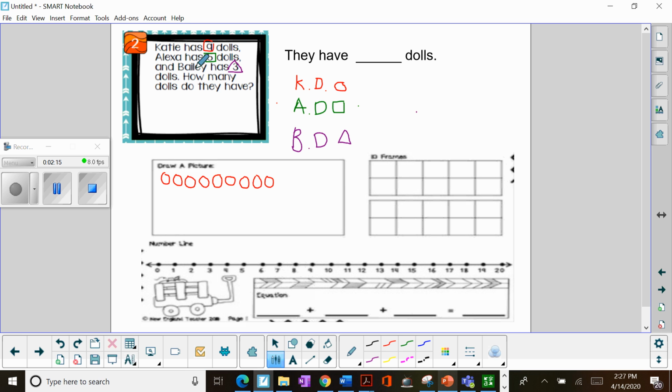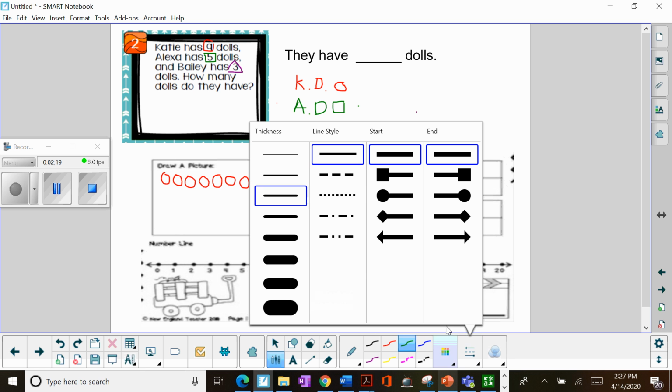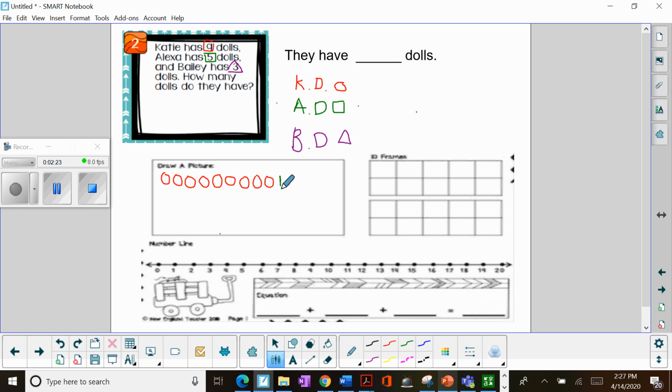Now, Alexa has 5 dolls, so I'm going to change my pen to green. Go here. And then we're going to go 1, 2, 3, 4, and 5.